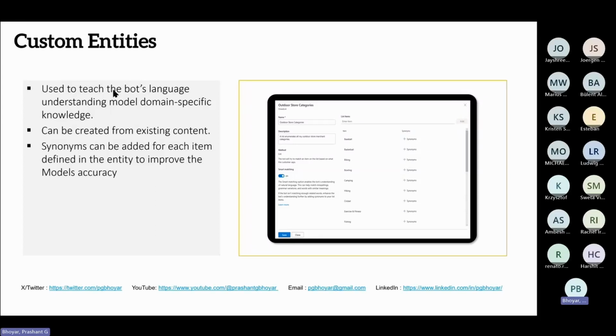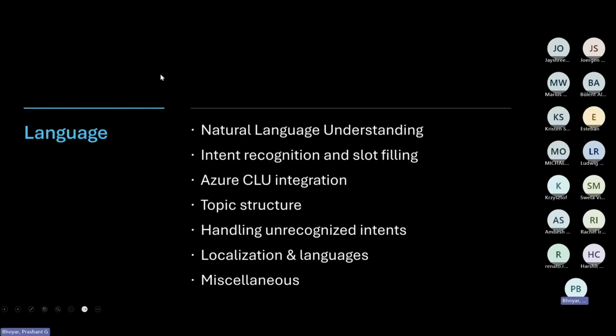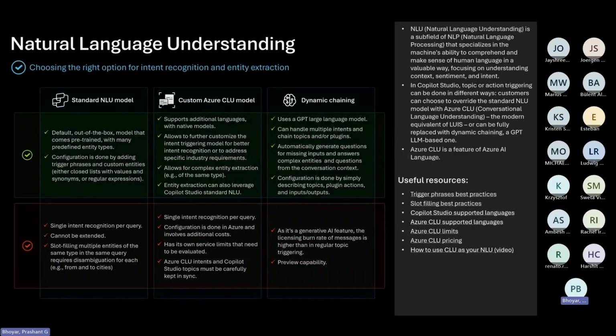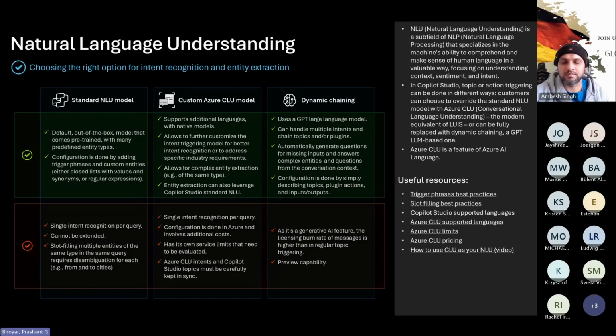Another thing you have to keep in mind is that when it comes to Copilot Studio, we can use natural language understanding. It comes with the out-of-the-box standard NLU that you can use, but you can also use a custom NLU from Azure as well.